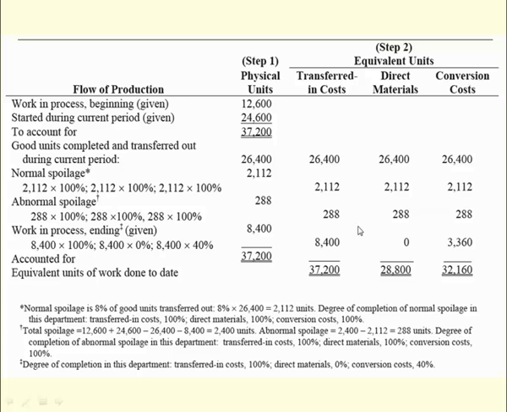And now we add number of units under transfer in cost and under direct material and under conversion cost to get equivalent units. Under transferred in 37,200, under direct materials 28,800, and finally under conversion 32,160.